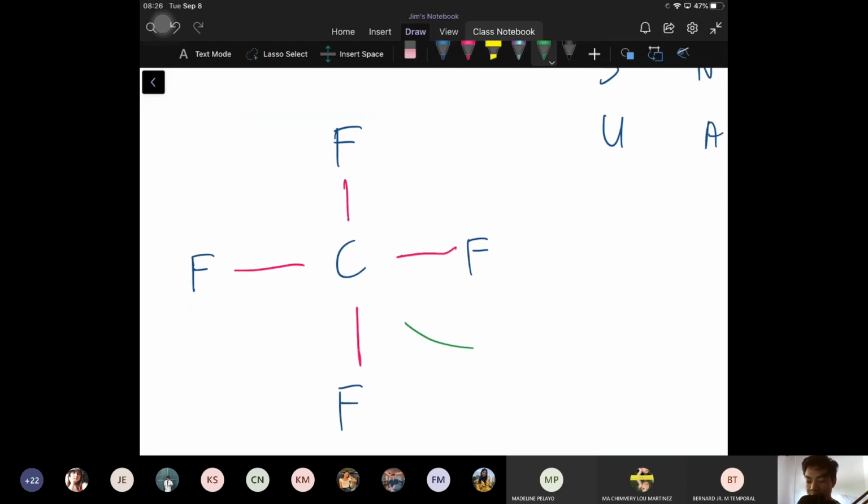So, I will start with this fluorine atom. Again, terminal muna before the central. How many electrons are there already around fluorine? There are 2 electrons around fluorine na. So, ngayon, ilan pa kailangan for it to follow the octet rule?